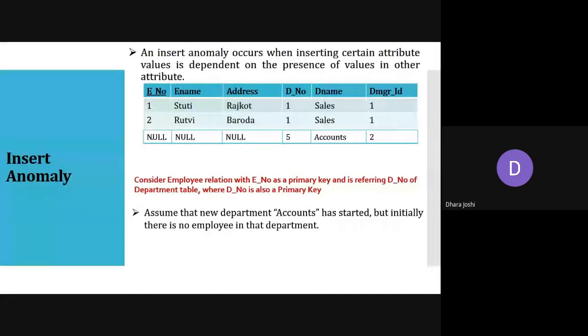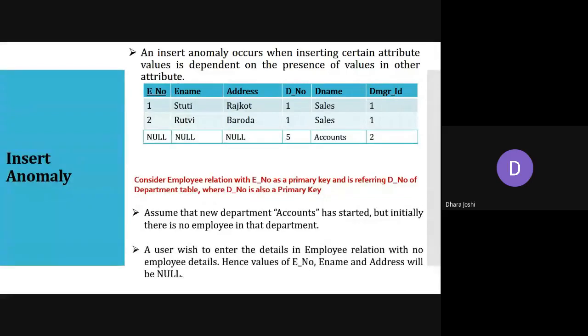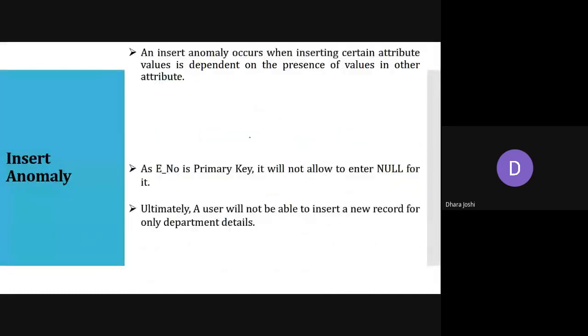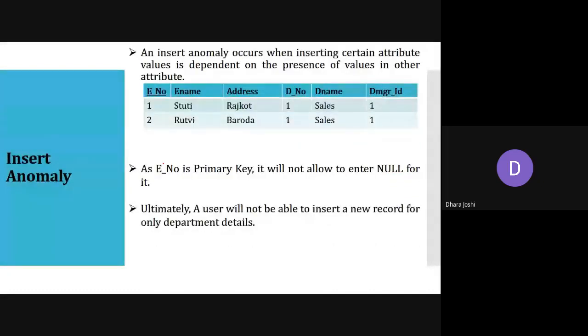So in the employee number, the employee name, and the address, we are having null values. So a user wishes to enter the details in the employee relation with no employee details. Hence, the values of enrollment number, name, and address will be null. As employee number is a primary key, it will not allow null values here.